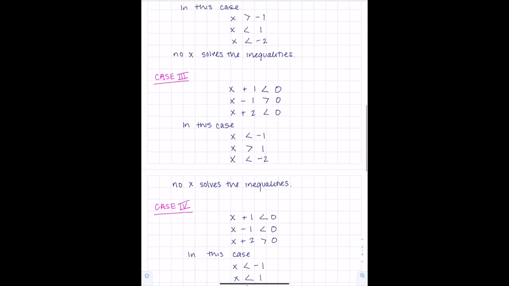In case 3, x plus 1 is less than 0, x minus 1 is greater than 0 and x plus 2 is less than 0. In this case, x is less than negative 1, x is greater than 1, and x is less than negative 2, which again, no x solves the inequalities.